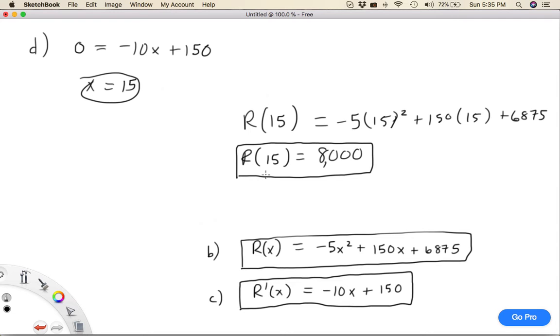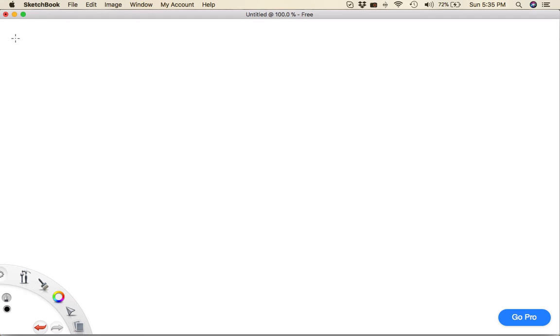The next one is number 7. Okay, so I'm going to clear this out. Number 7. Number 7 says, a restaurant has an annual demand for 2,000 bottles of a particular wine. It costs $2 to store 1 bottle for 1 year.